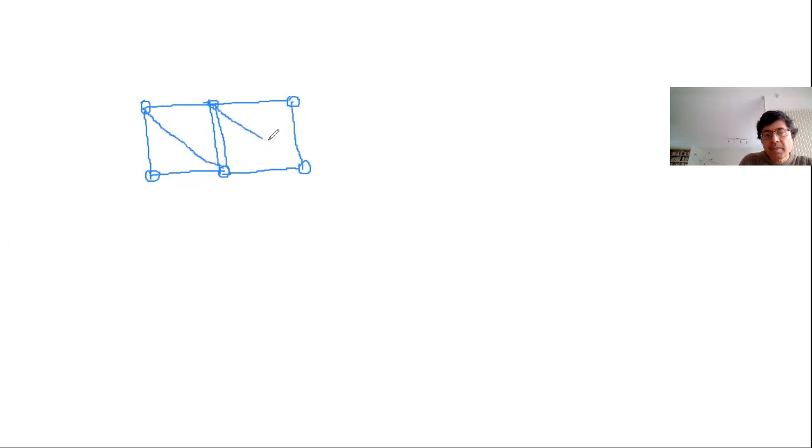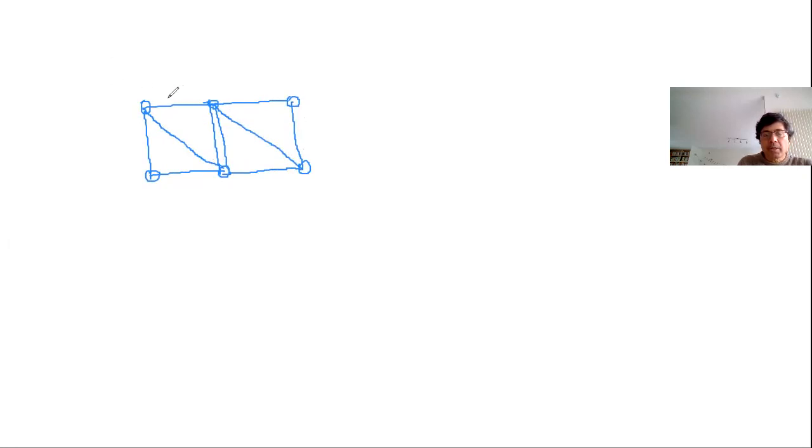Okay, maybe it's helpful to start with an example. So let's take this particular example. So we want to count how many times this particular pattern appears in the random graph, of two copies hi and hj intersecting in this edge.